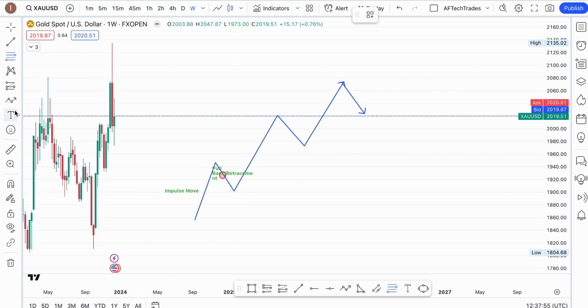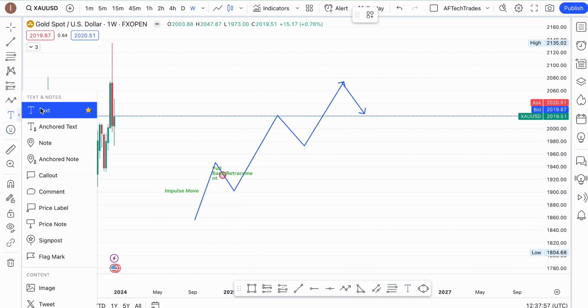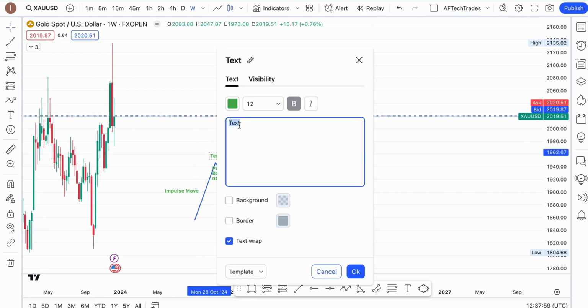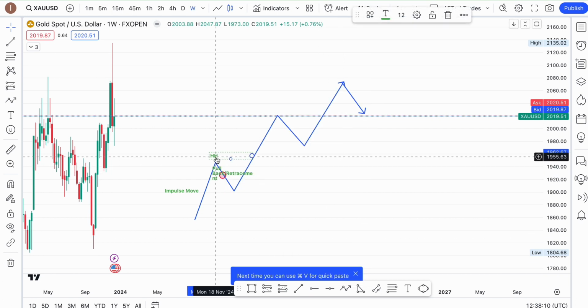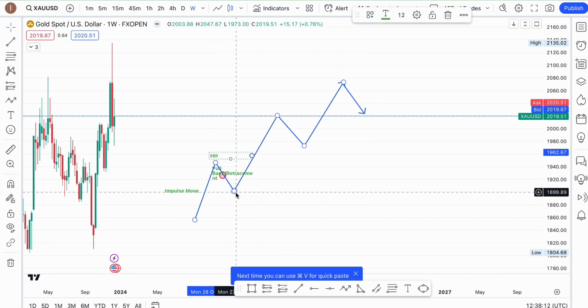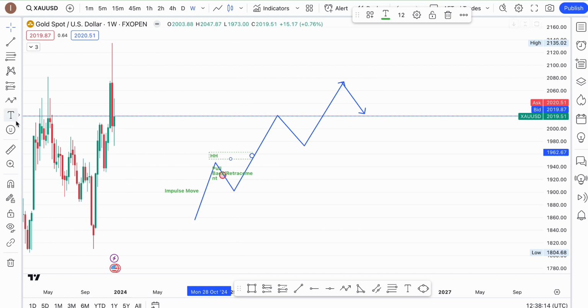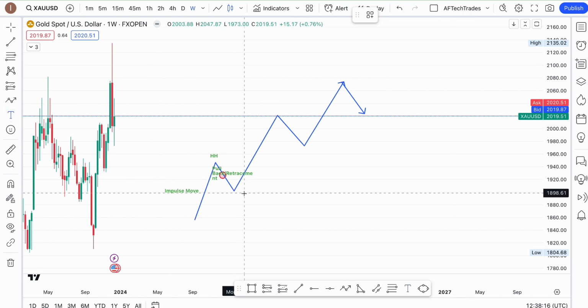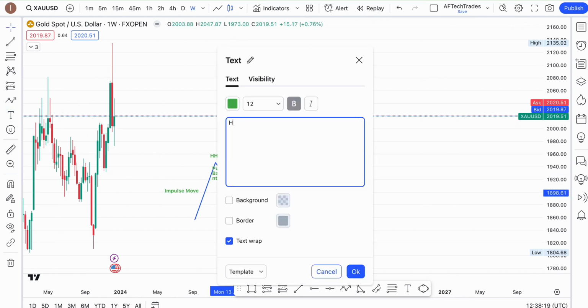Let me put it out to make things easy. Here is our higher high, right? And here will be our higher low. So higher low, right?